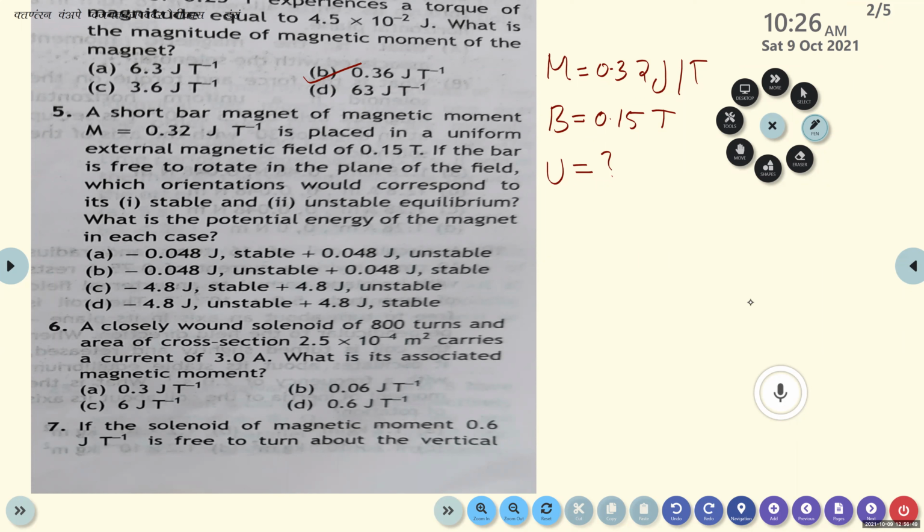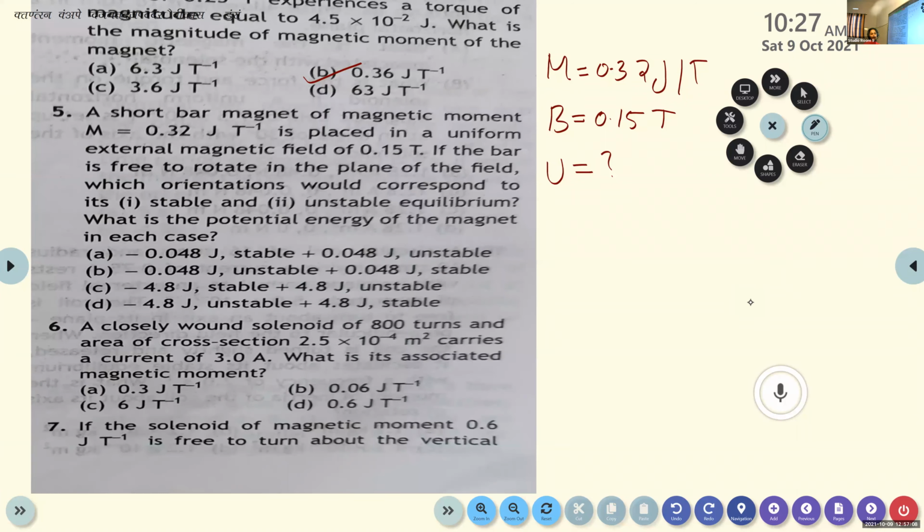Yes, ma'am. Equation for calculating the potential energy of a magnetic field. I don't know, ma'am.